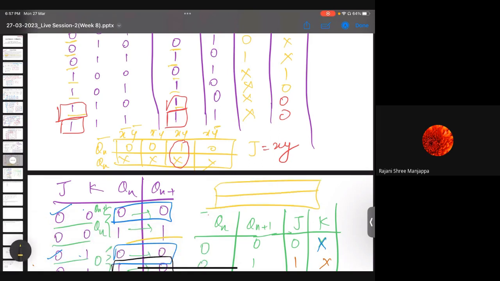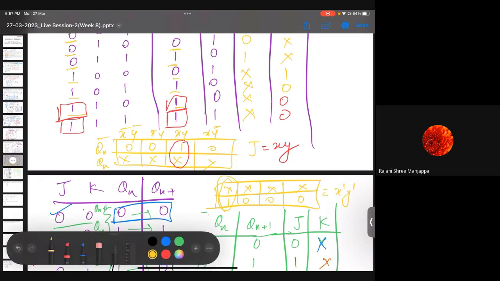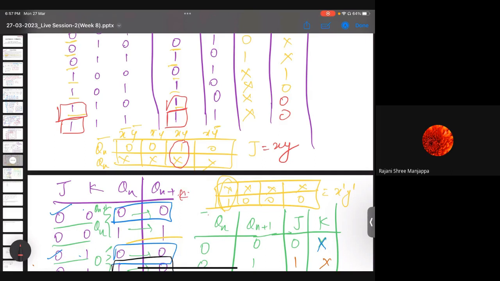So if I write it, it will be X X X X and then 1 0 0 0. So we'll only get this, which is nothing but X bar Y bar. So K is X bar Y bar. Did you understand it?